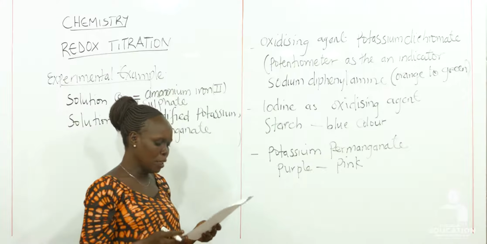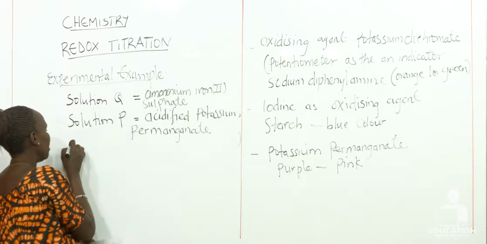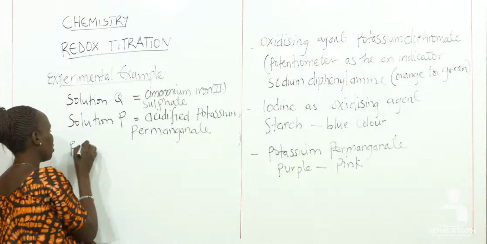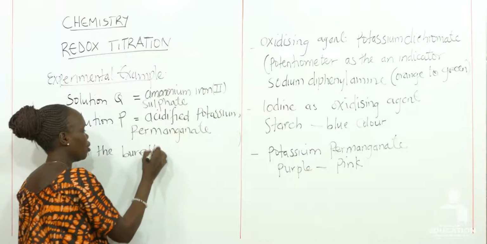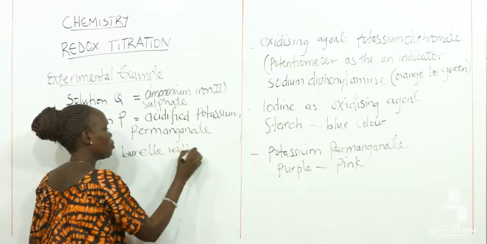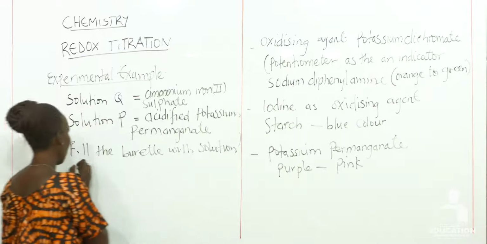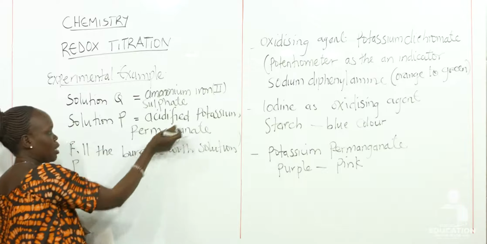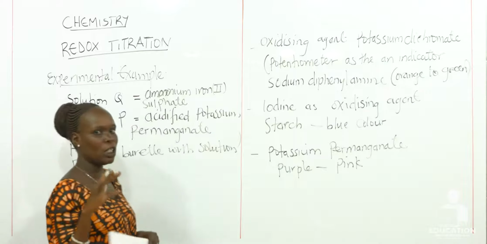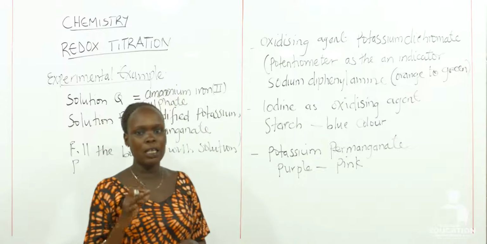We need to fill the burette with solution P, which is acidified potassium permanganate.